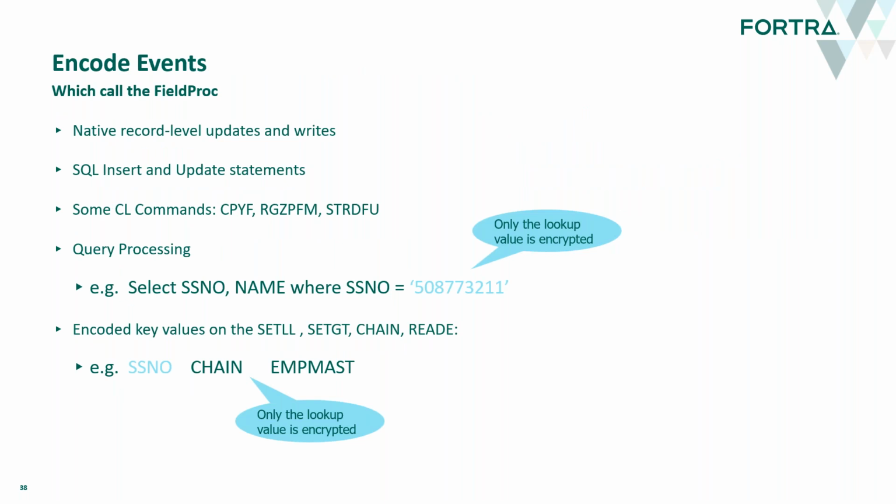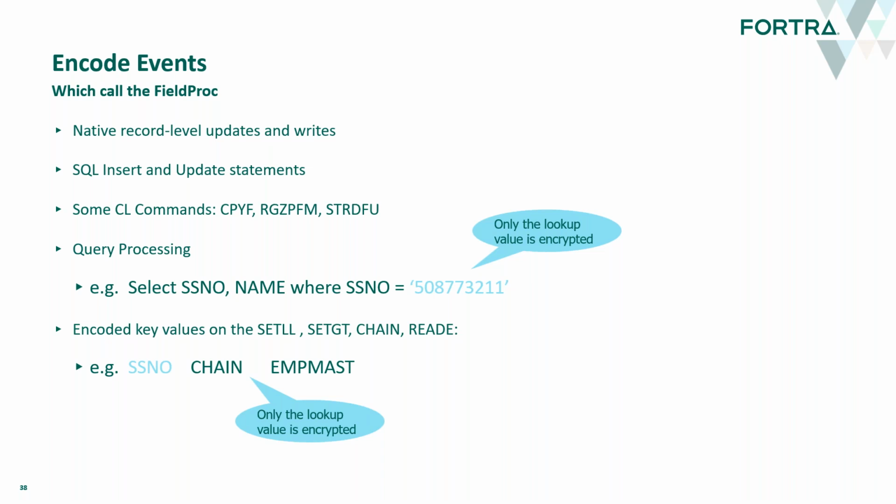Now, with those field procedures in place, there are a number of different things that can happen on the system that are going to trigger an encode event. So when is that field procedure going to get called? Any native record level updates and writes, and any SQL insert and update statements. There are a handful of CL commands that are also going to trigger the field procedure to do that encryption: copy file, reorganize physical file member, start EFU.